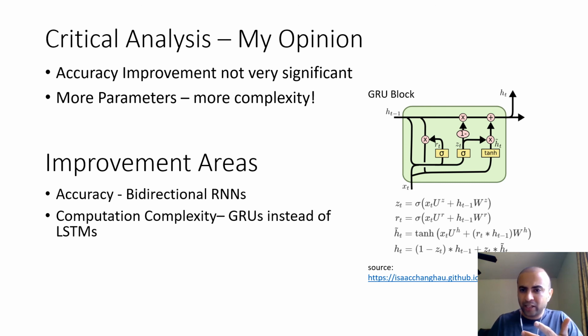But a GRU simplifies that, basically doing away with the forget gate, and the output is a combination of 1 minus z_t times the previous hidden layer output plus z_t times the candidate hidden layer output.